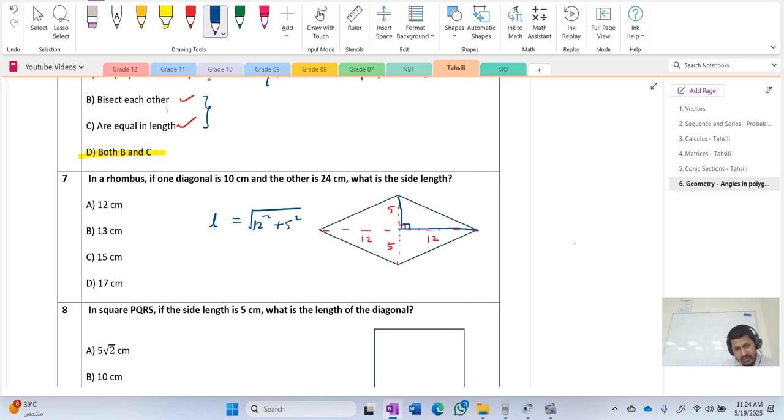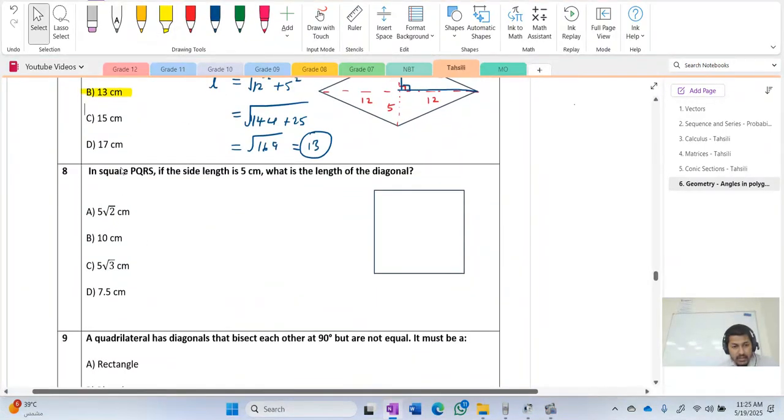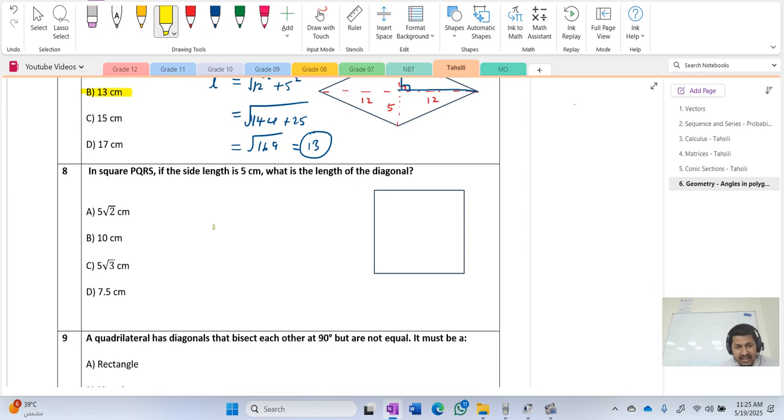In square PQRS, if the side length is 5, what is the length of the diagonal? Simple. We've got 5 and 5, with a 90 degree angle there, and it's a square.